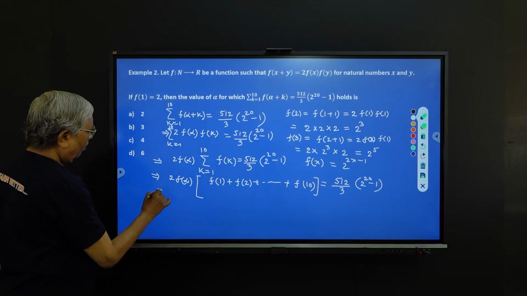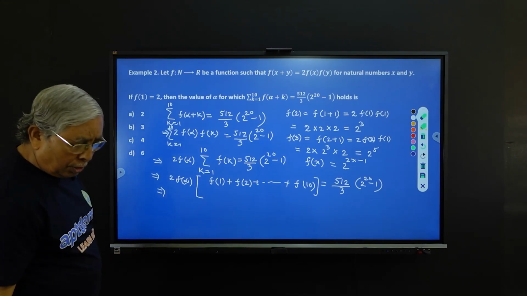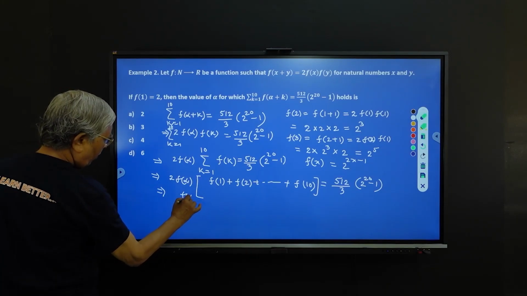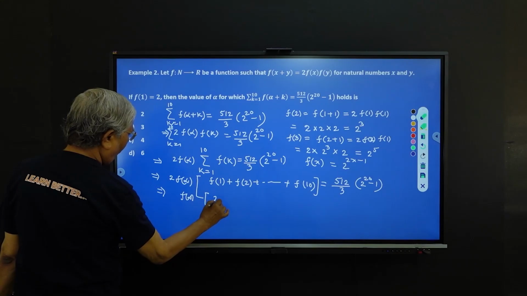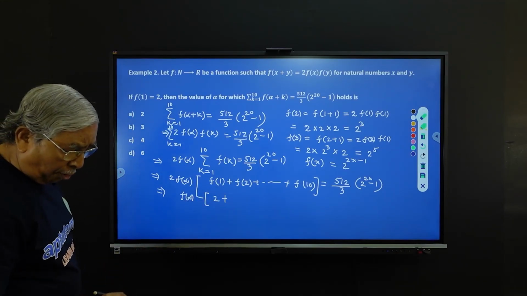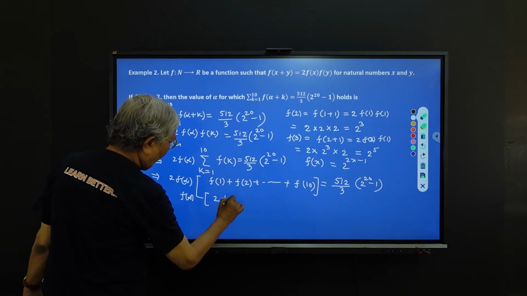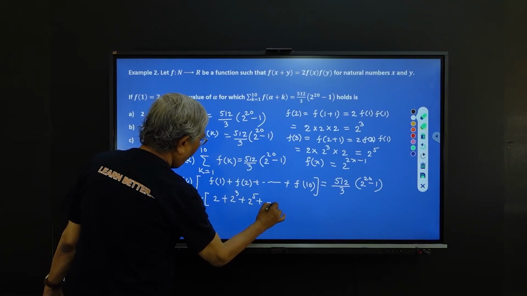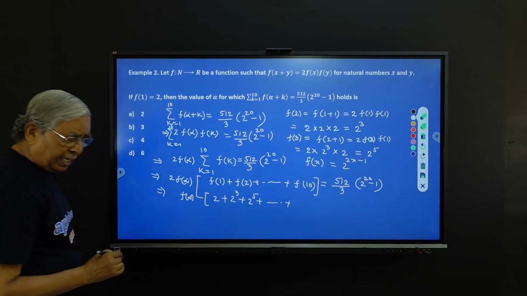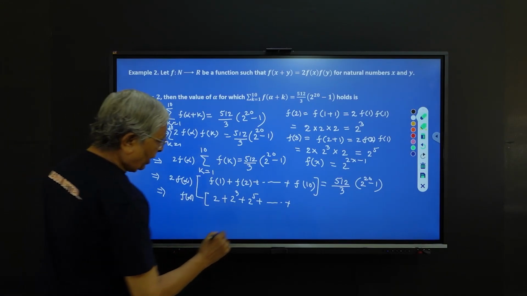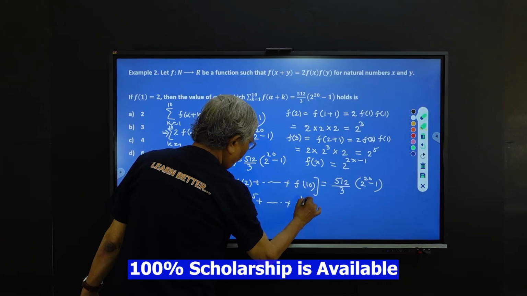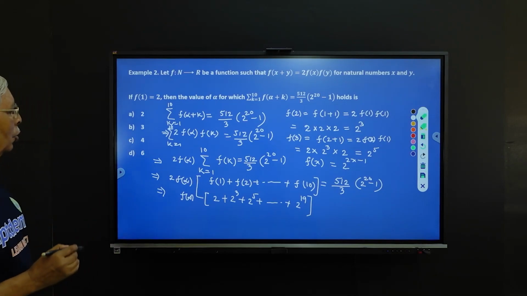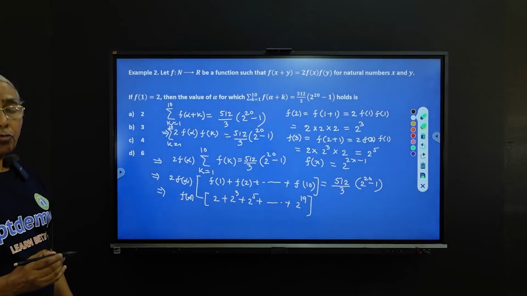This will imply f(α) into (2 plus 2 cube plus 2 to the power 5, up to f(10), that is 2 to the power 19).